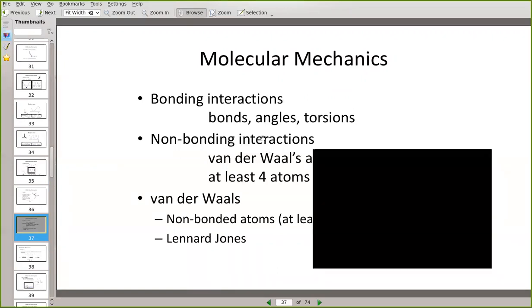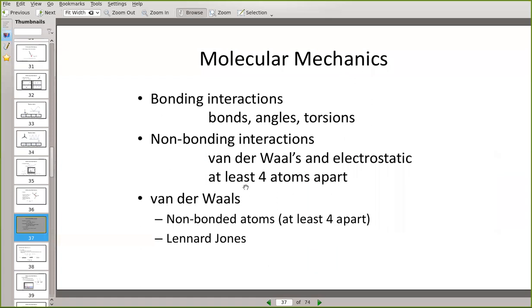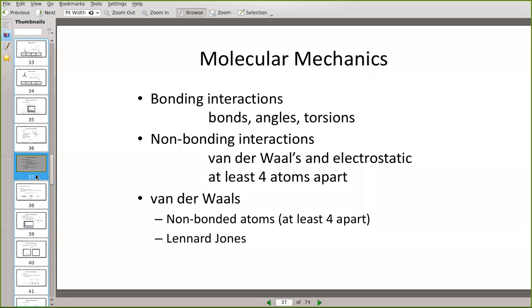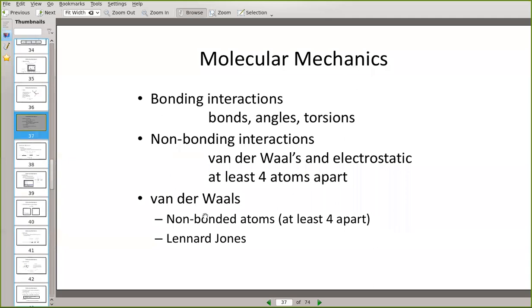Now, of course, you also have non-bonding interactions. So we've got non-bonding interactions, and those are van der Waals and electrostatic. These are for atoms that are at least 4 atoms apart. Okay. The van der Waals is really for non-bonded atoms at least 4 atoms apart.